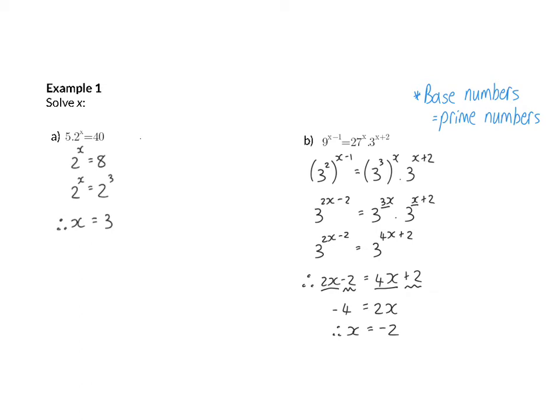Just like in exponential expressions, as soon as there's more than one term, so as soon as there are pluses and minuses, we have to start off by factorizing so that we have one term on each side of the equation. So let's have a look at an example like that. In example 2, we now have two terms on the left of the equation.